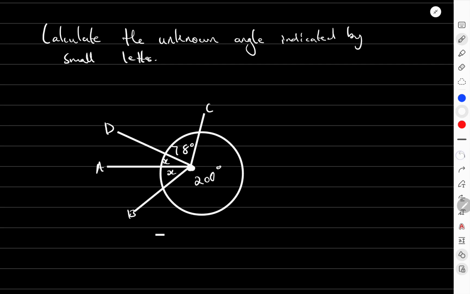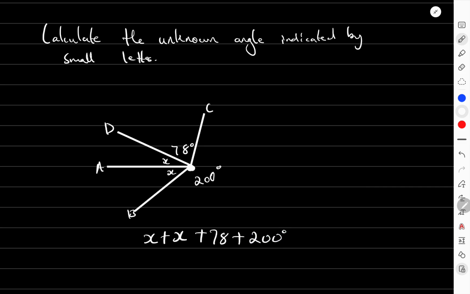So I'm going to have x plus x plus 78 plus 200 degrees. They should give us 360 degrees. The reason is going to be revolution, because the sum of angles at a point should give us 360 degrees.